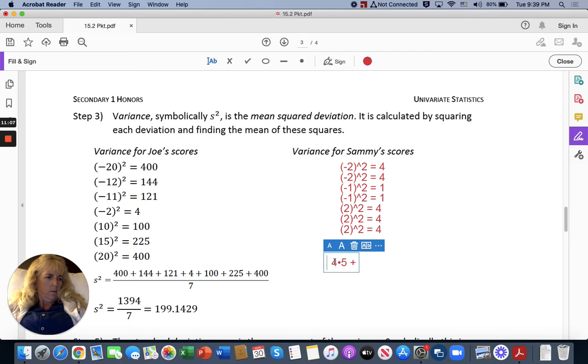Plus, there's 1, 2 ones, plus 2. We're going to take that whole thing and divide it by how many numbers there are. Take that and divide it by 7. If we do that, we get 22 over 7, which is 3.143.